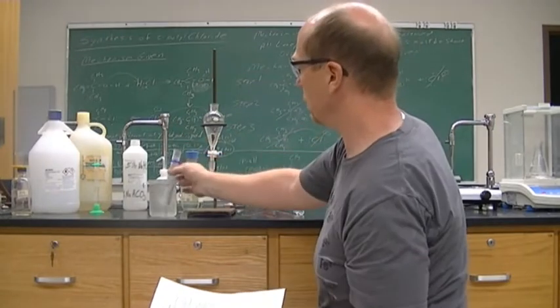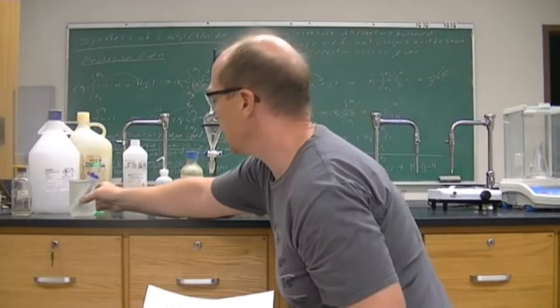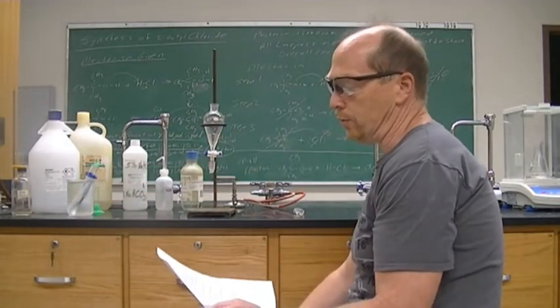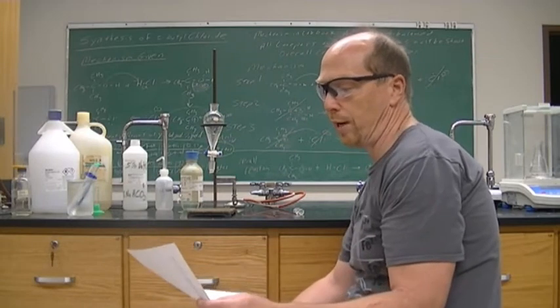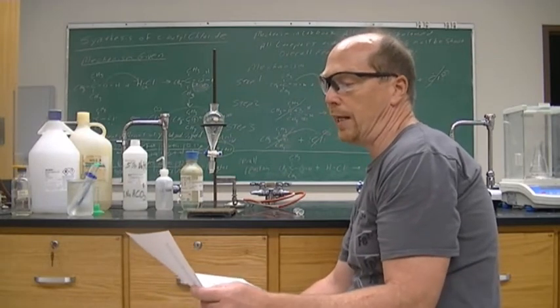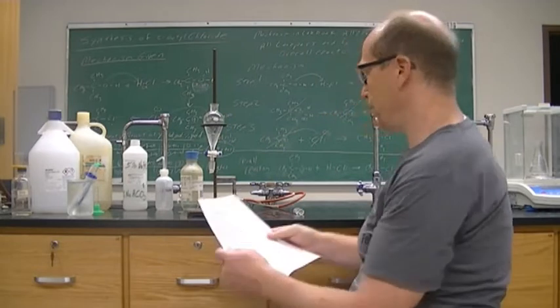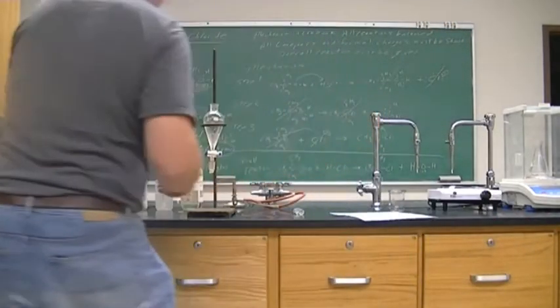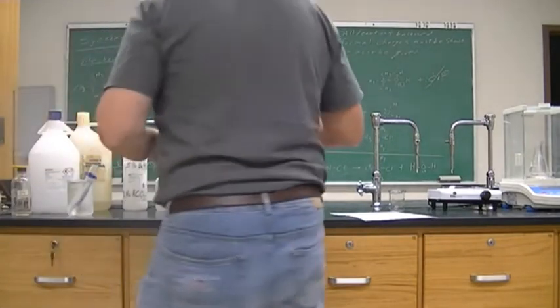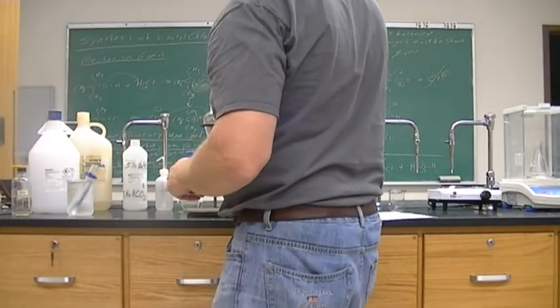All right, so that was 17.5 mils of concentrated hydrochloric acid that was cooled to 5 degrees Celsius. And now we're going to add 6 mils of T-butyl alcohol, and we're going to do the reaction right here. So here is my 6 mils of T-butyl alcohol that I measured out.